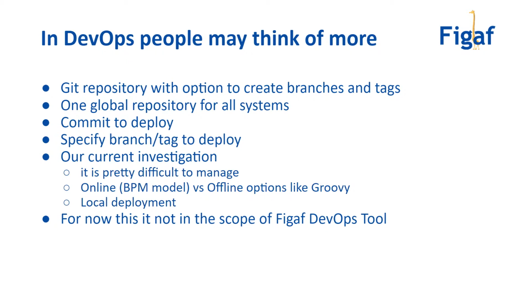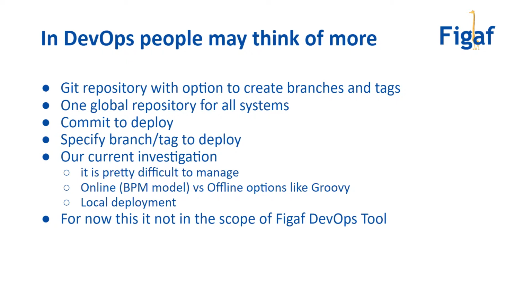In a DevOps world, people may think of these kinds of concepts, and it's not something that we are at the moment able to really achieve. One of them is that you have just one Git repository where you can put all the code and the different types of information.